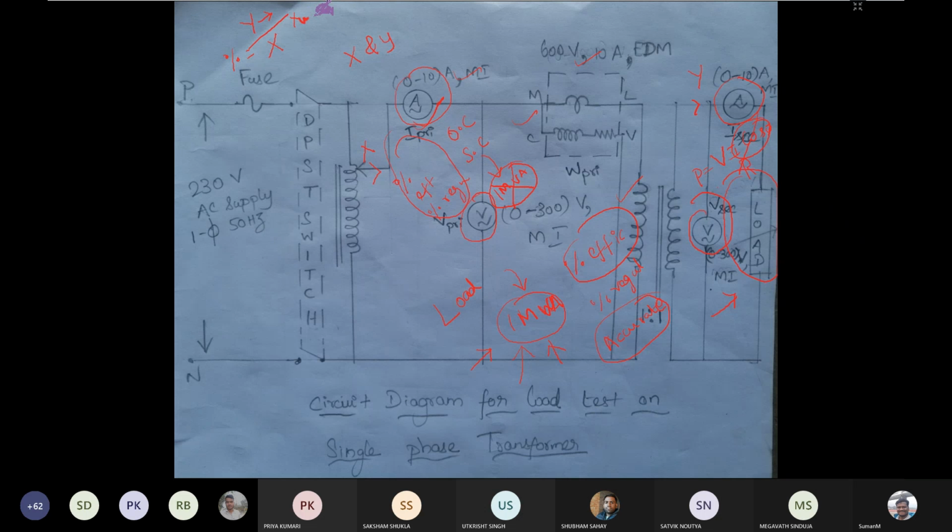Your efficiency will always be less than 100, because your input is always higher when compared to the output.